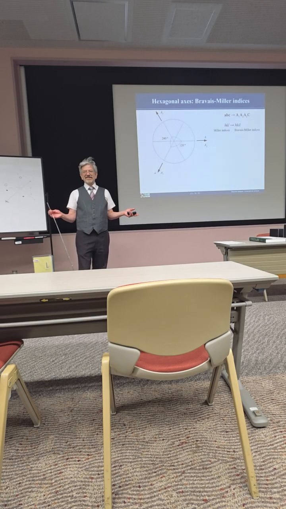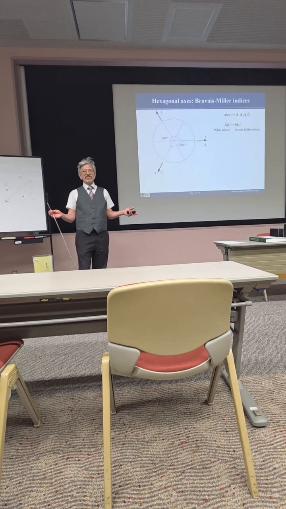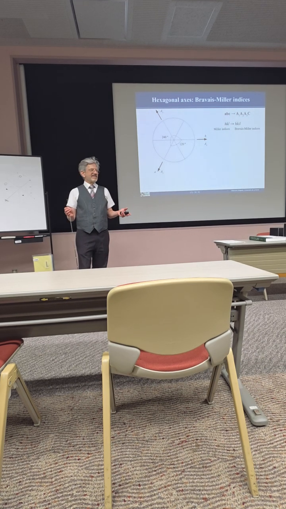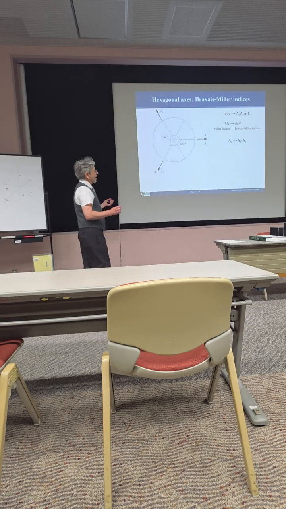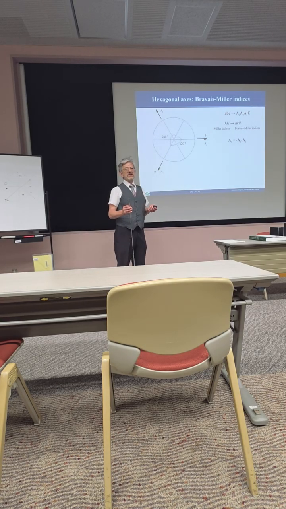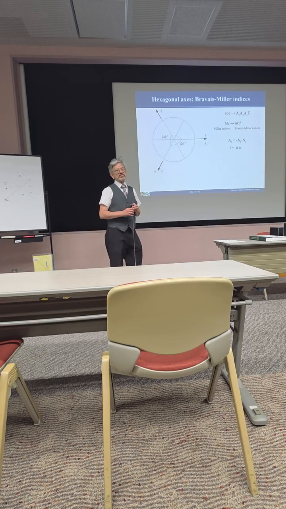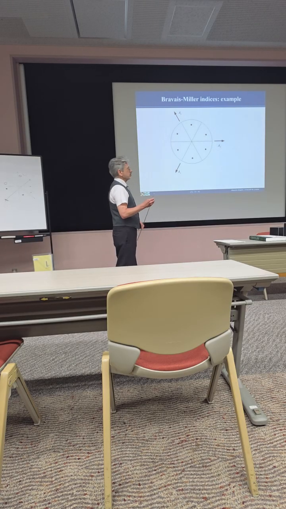So, what is A3? A1 plus A2, and negative, no, minus A1 minus A2. Okay. And then exactly the same for the indices: I equals minus H minus K. Linear combination. Why is it useful?